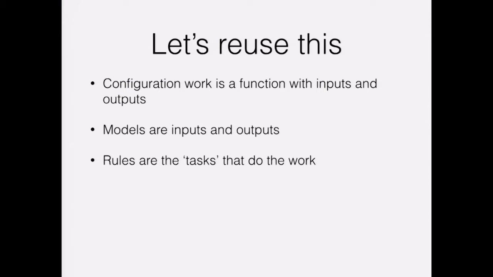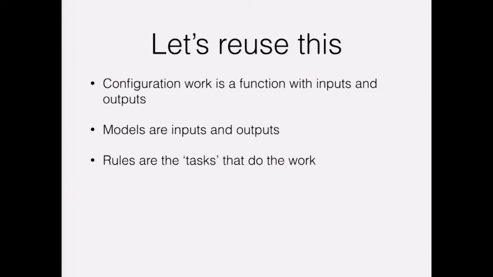If you think about what a task is, it's just a function, takes some inputs, produces some outputs. Think about what build logic is. It's the same thing. Takes some inputs, does something with them, produces some outputs. And the difference is really only the types of things that those functions are acting on.